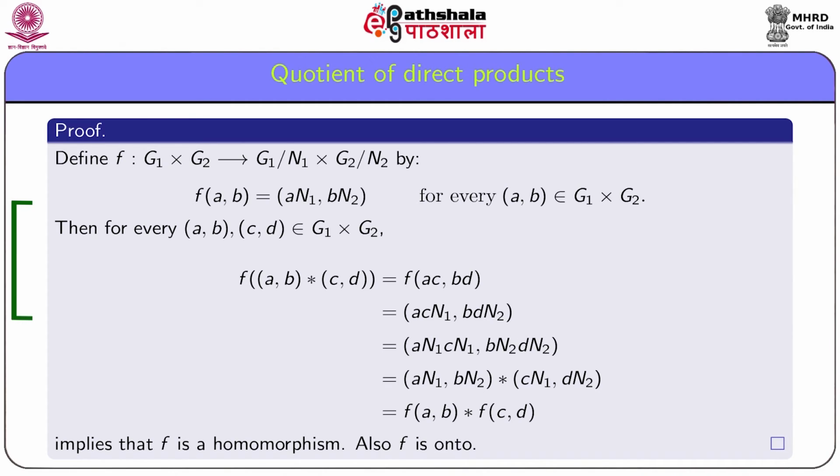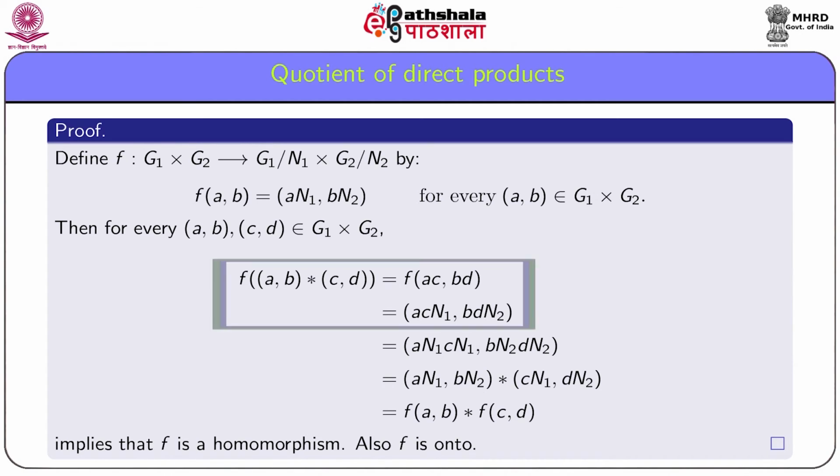First, to prove that f is a homomorphism, f((a, b) star (c, d)) is equal to f(ac, bd), which is equal to (acN1, bdN2), which is equal to (aN1 cN1, bN2 dN2), and this is equal to the pair (aN1, bN2) star the pair (cN1, dN2), which is equal to f(a, b) star f(c, d).